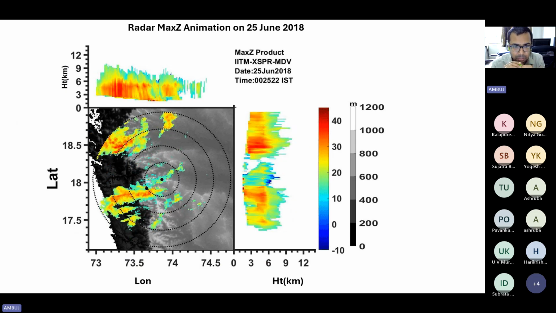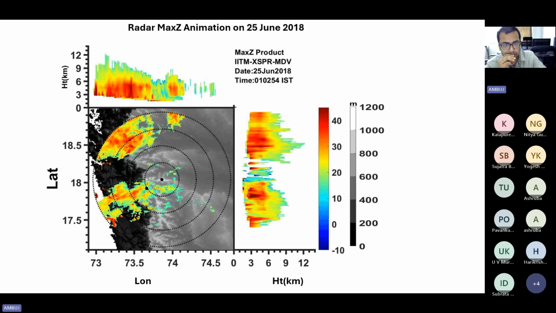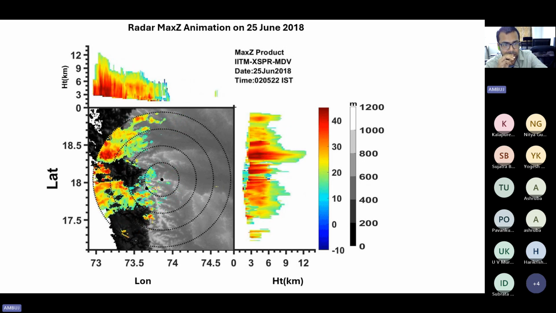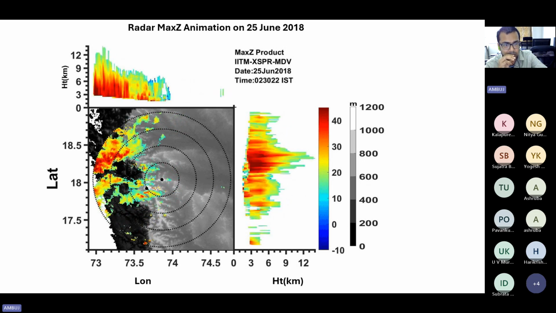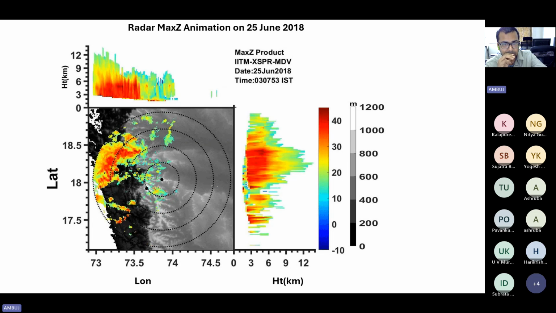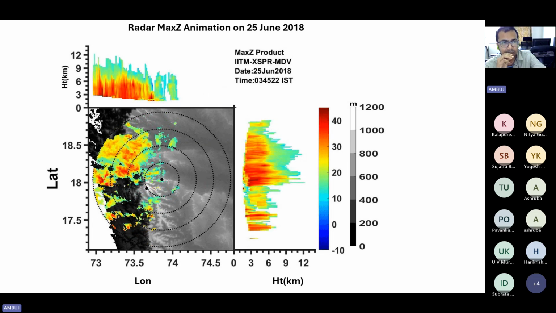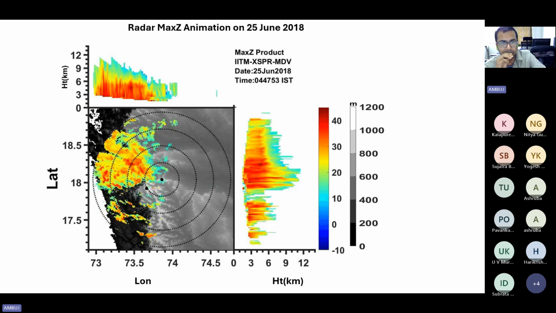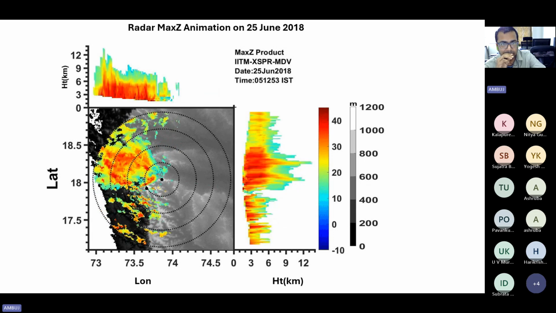Now, just to give a feel of the occurrence of different types of clouds over the Western Ghats, this animation is a maximum reflectivity product of radar created for 25 June 2018.